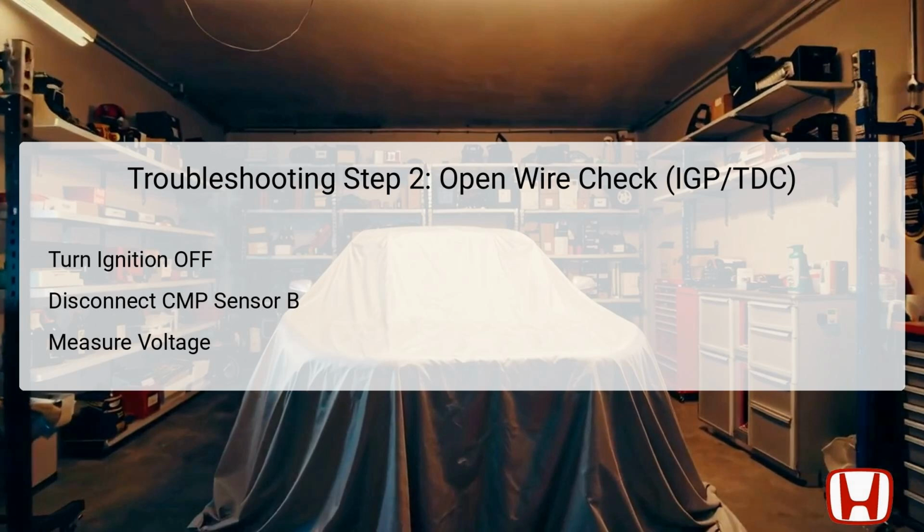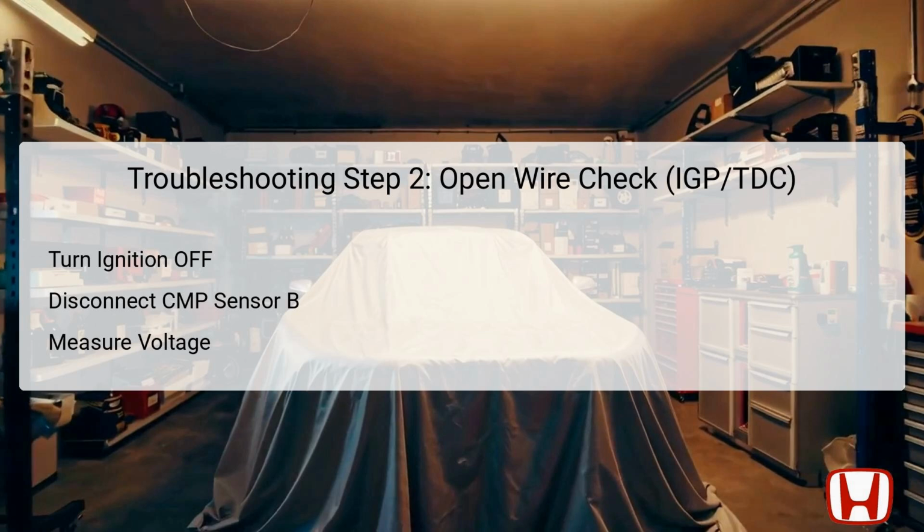In this step, we focus on verifying the integrity of the wiring associated with the CMP sensor B circuit. Begin by turning the ignition to the lock position to ensure safety. Following this, disconnect the CMP sensor B's 3P connector, which separates it from the vehicle's electrical system. Once disconnected, turn the ignition back to the on position.